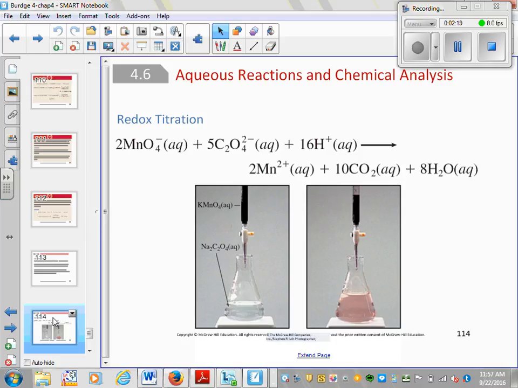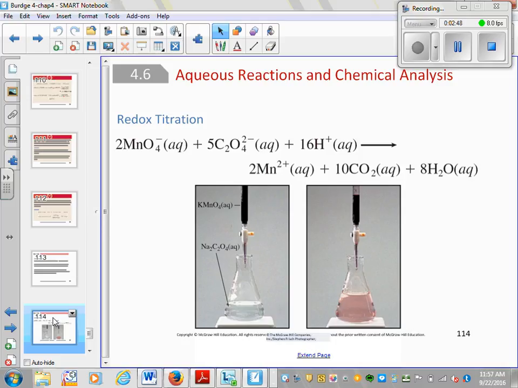So the reaction is 2 permanganate ions react with 5 oxalate ions, and you have some acid in there. And we get 2 Mn2+, 10 CO2, 8 H2O. Let's kind of look at what's going on in a redox.